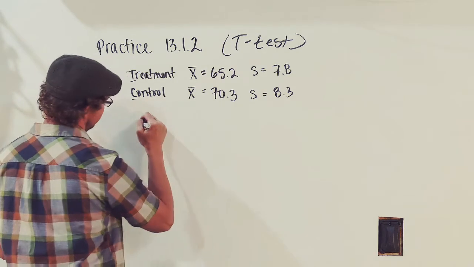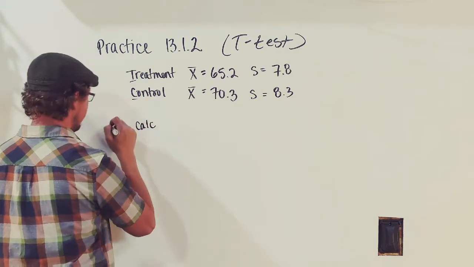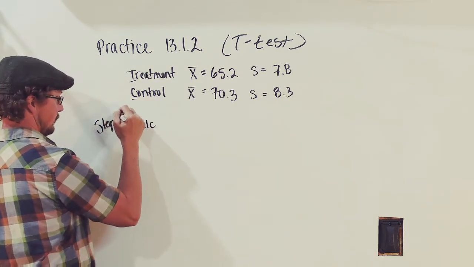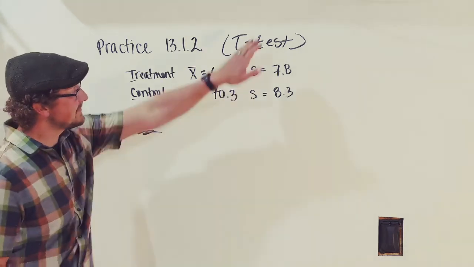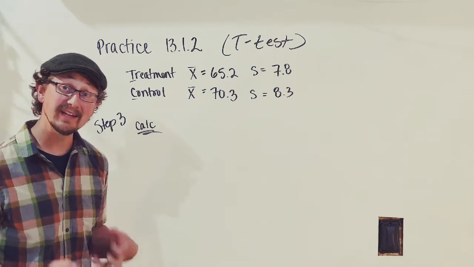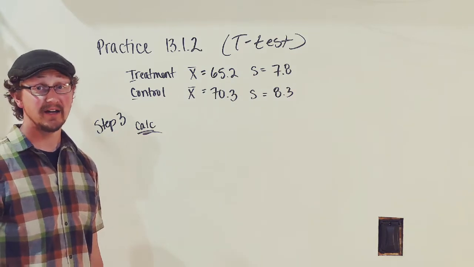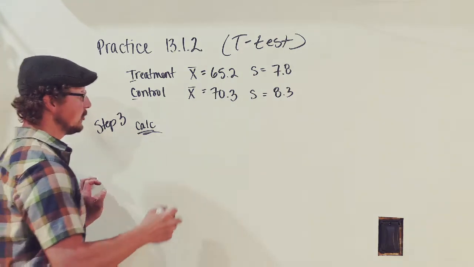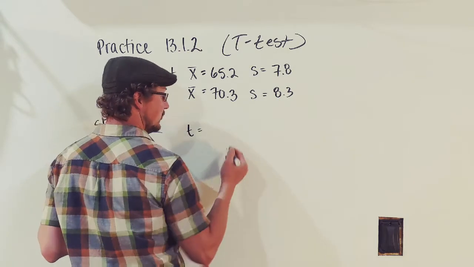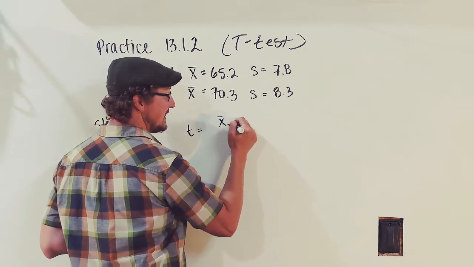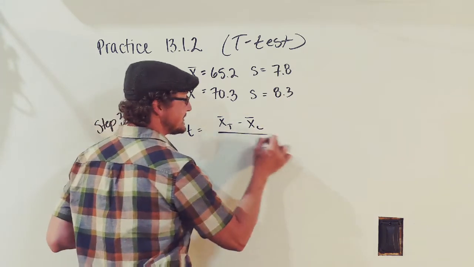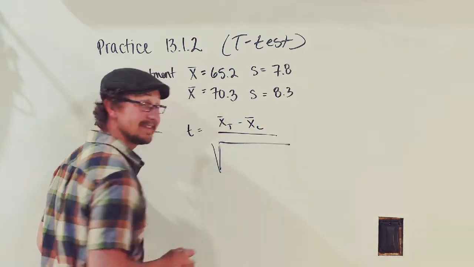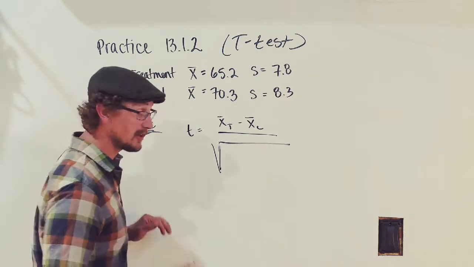Calculations. So calculations, again, is the t-test because we weren't given a population standard deviation. So here we go, t equals the difference between the means of the treatment and the control sample divided by the standard deviation of their differences.